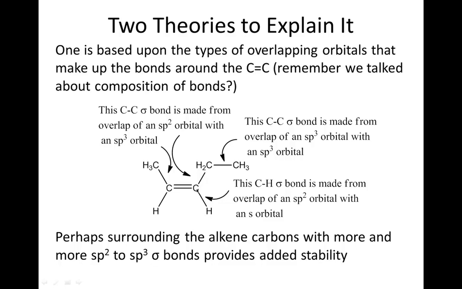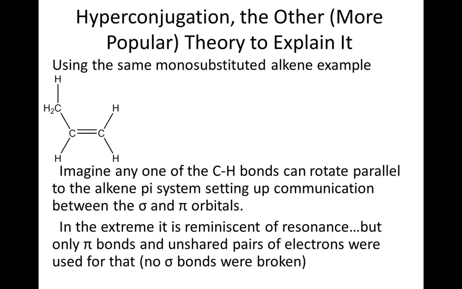The theory is that perhaps the more bonds we place around the double bond that have the composition of sp3 to sp2 overlap, maybe those kinds of sigma bonds are more stable than the kinds you have with hydrogen. That's not a bad idea, but that's not actually the most popular explanation for why we observe this order of stability.